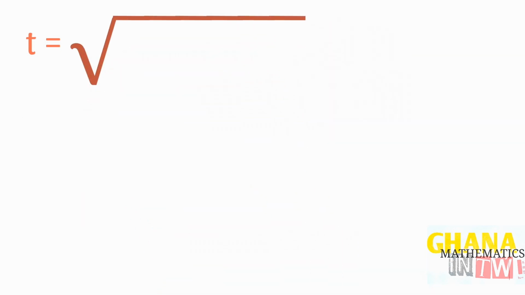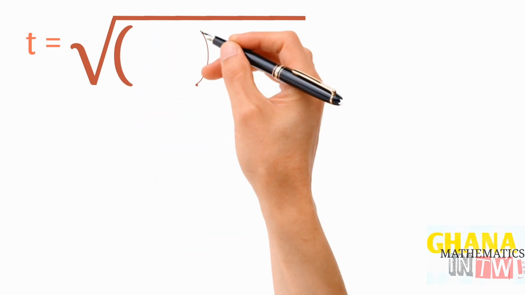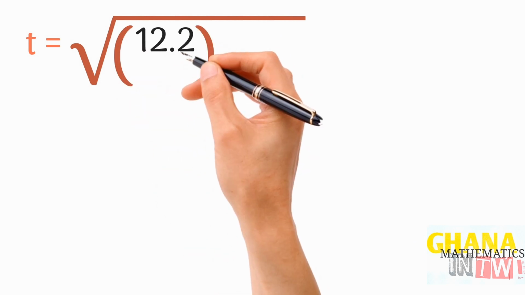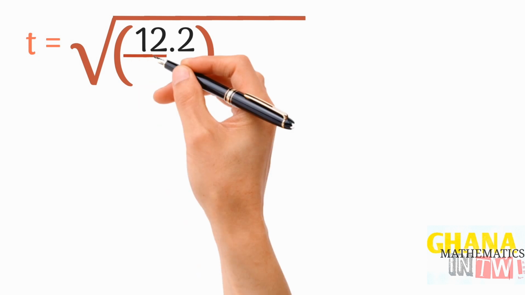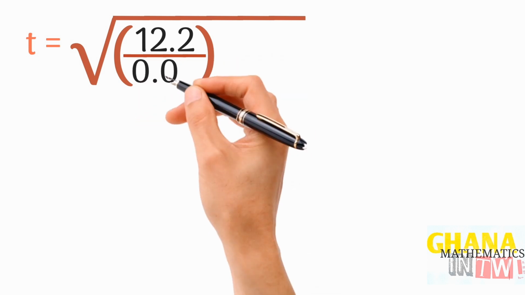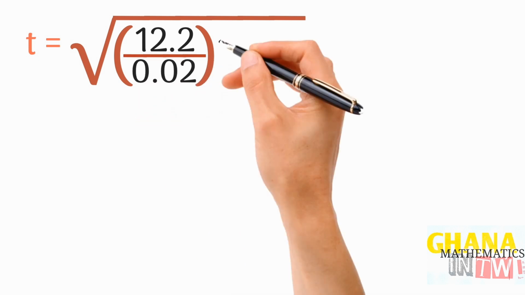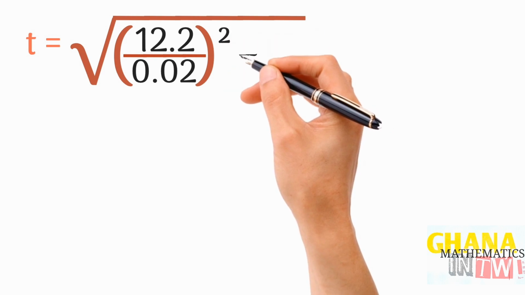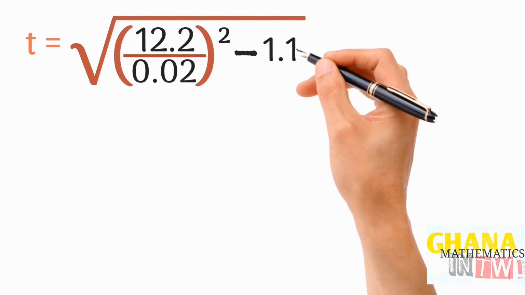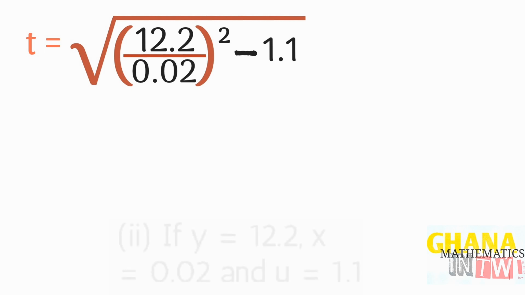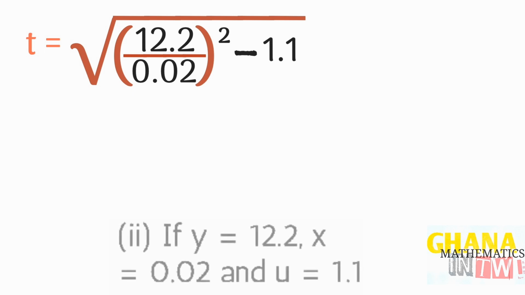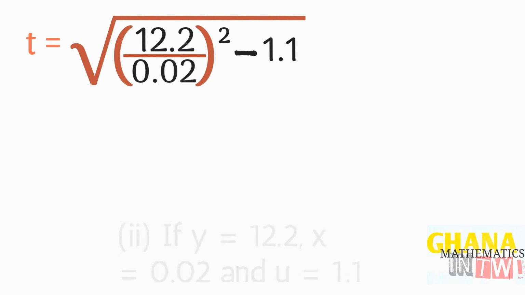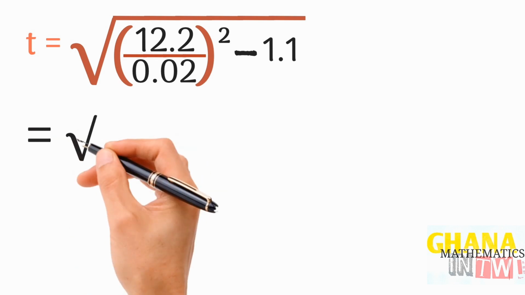T equals the square root of (y over s) squared minus u, where y is 12.2 and s is 0.02, all squared, minus u, which is 1.1. You can verify it from the question. Okay, now there is understanding.